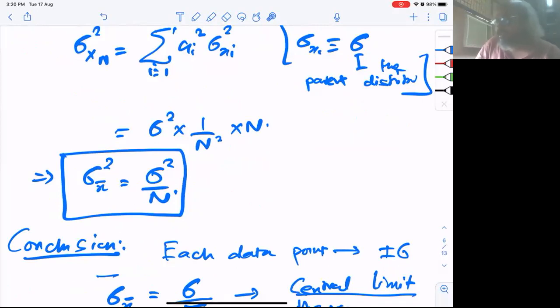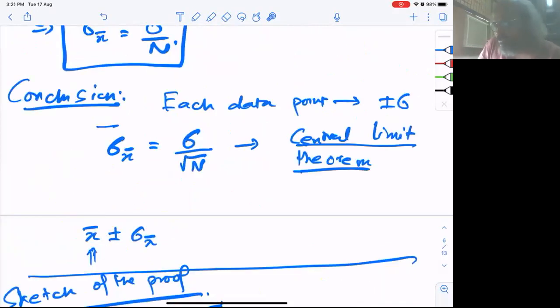So basically, the conclusion, we'll just now do an example to clarify this as much as we can. Each data point you were drawing from a sample, and each data point had a variance of plus minus sigma. Now you are taking n of them and combining them to form a mean, and you ask the question.